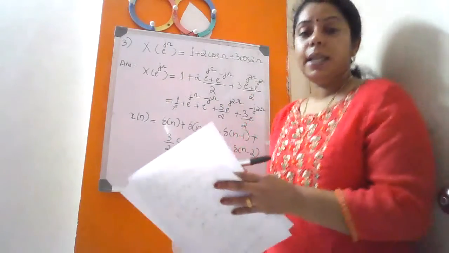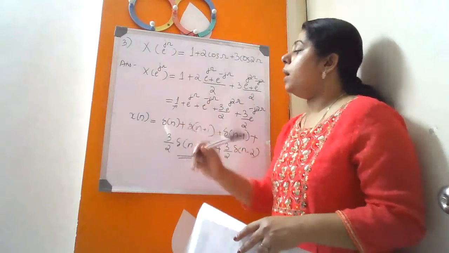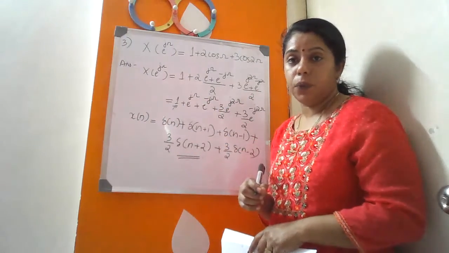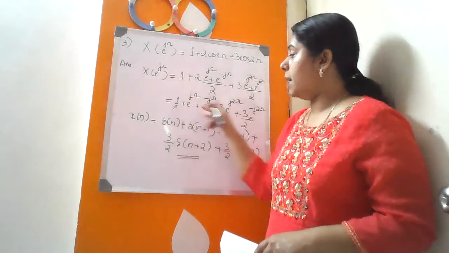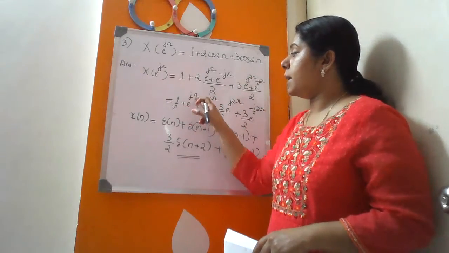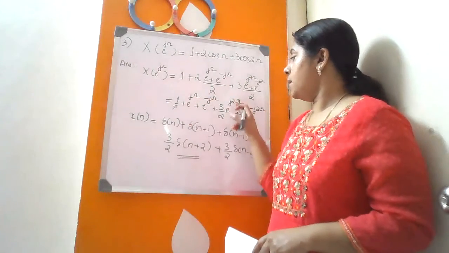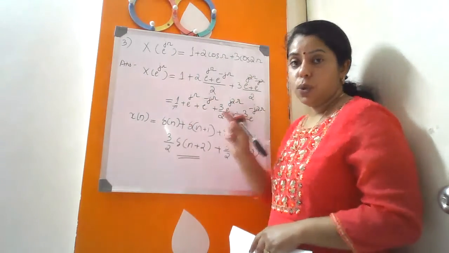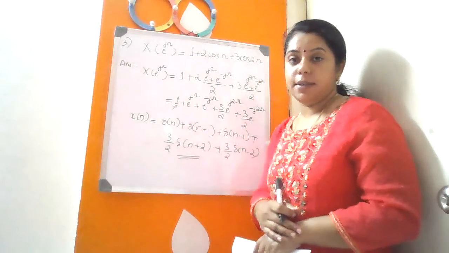How I am writing that equation is based on what you already know about the x of n equation. Based on that, if I combine these things, my k values are minus 1, plus 1, minus 2, plus 2. Based on that k value, I'm writing all these things.